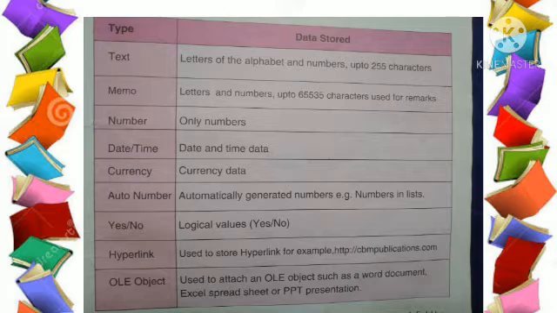Access stores the numeric value 0 for false and 1 for true. Hyperlinks: a link address to a document or file on the internet. OLE object: pictures, graphs or other ActiveX objects from another window, such as a Word document, Excel spreadsheet or PPT presentation.